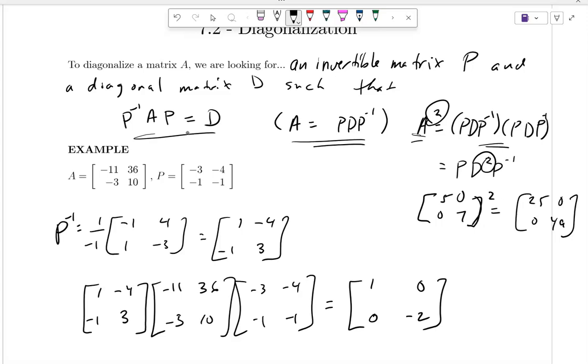Not all matrices are diagonalizable. We're going to talk about that next time. We will talk about when that's possible. It turns out it has to do with the number of eigenvectors that you can find. Number of linearly independent eigenvectors you can find, I should say.